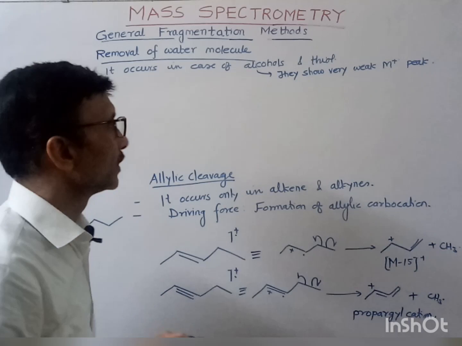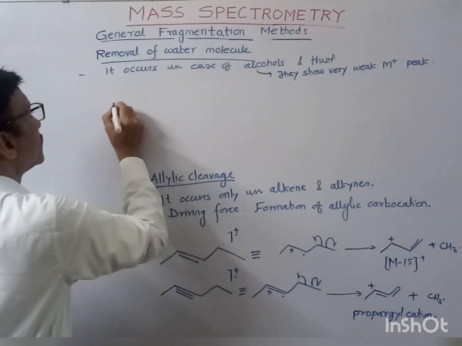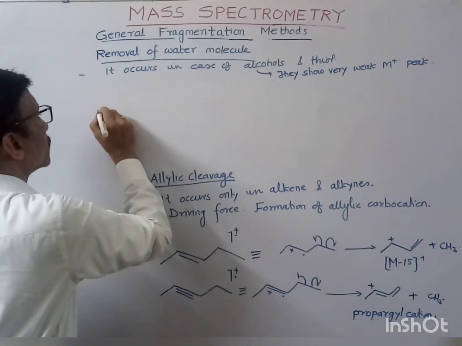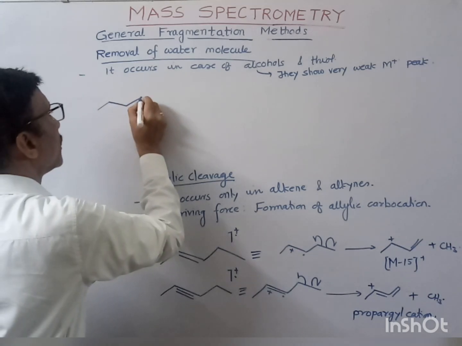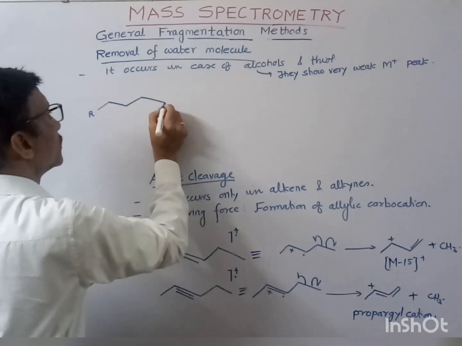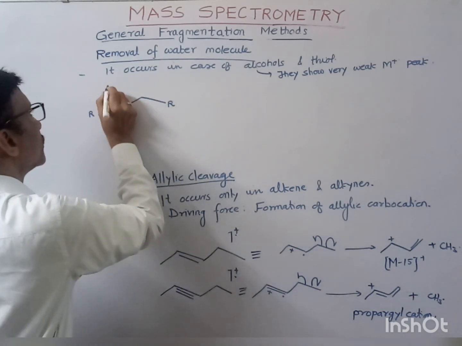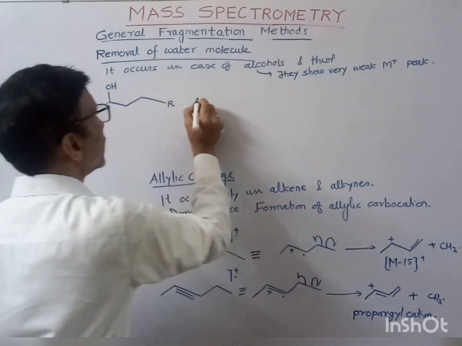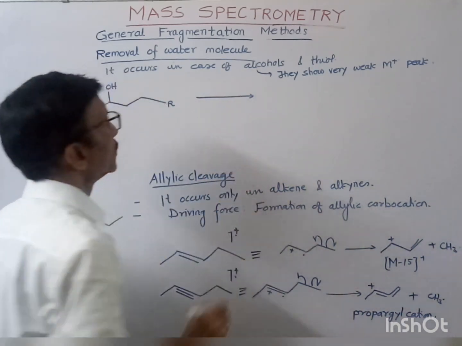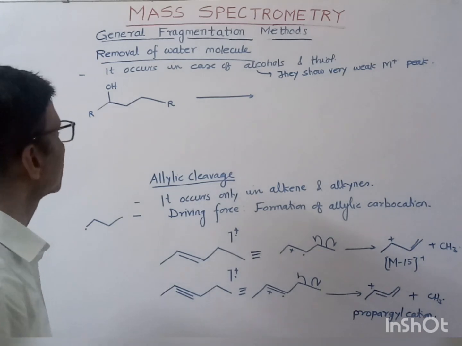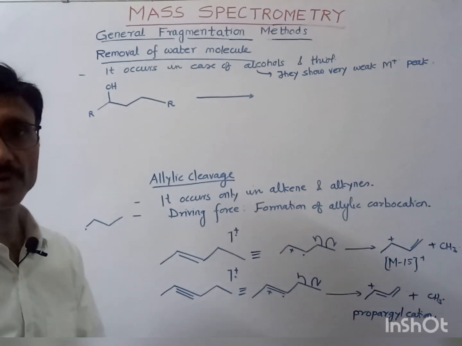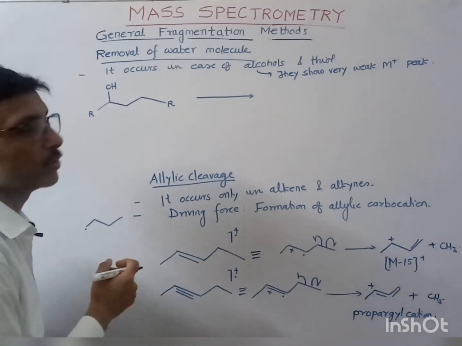This is the reason. Now suppose you have an alcohol, then it can undergo cleavage. So one of the things is that elimination takes place. That is, elimination of water takes place, 1-2 elimination.